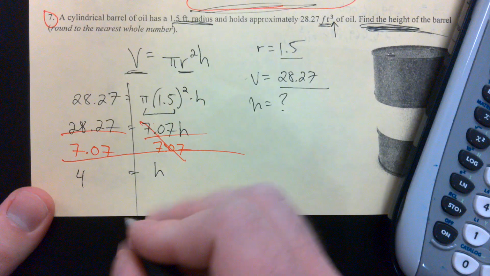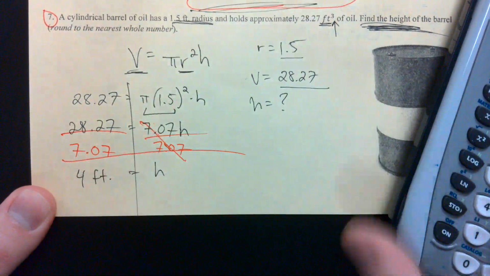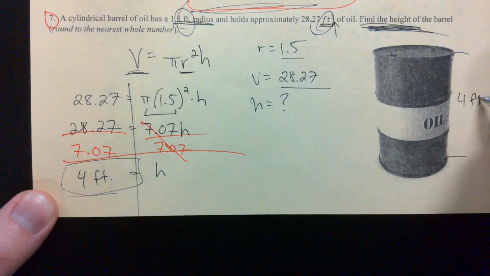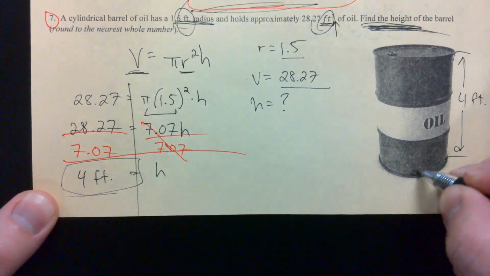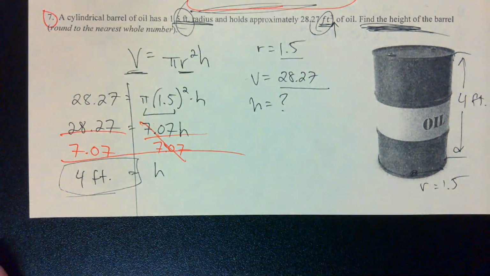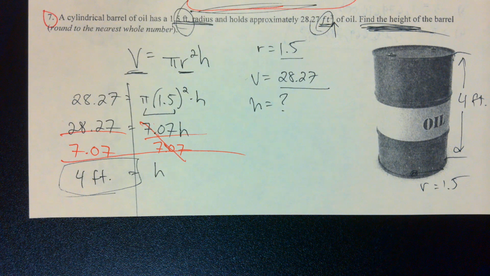But what are my units? Feet. So this barrel here is 4 feet tall with a radius of 1.5, giving us that volume of 28.27. So it's a little working backwards type of problem there on number 7.